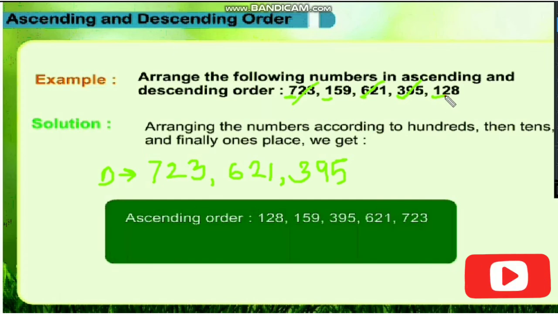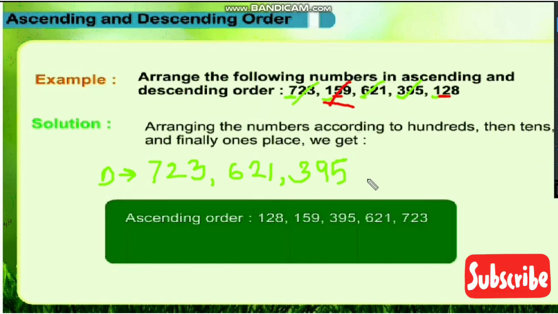Here 2 is there at the tens place and here 5 is there. Which is greater? Obviously 5 is greater. That means the biggest number in these 2 is this one. So we will write this first. So this is also gone now.